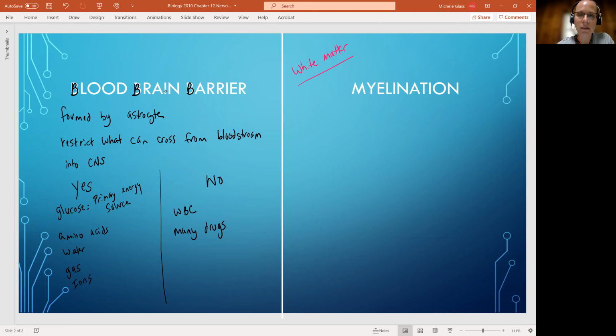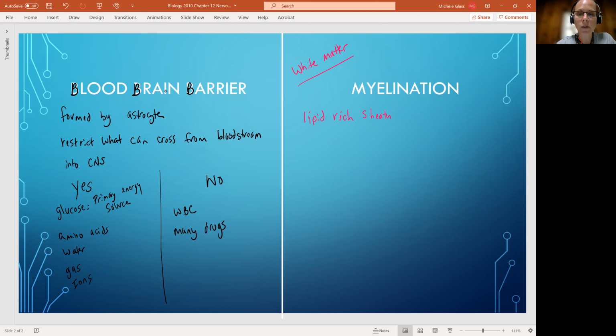And this is because it is a lipid-rich sheath. And so it's given us this lighter color appearance to this nervous system tissue that we can see in dissection or in surgery as having this whitish colored appearance.